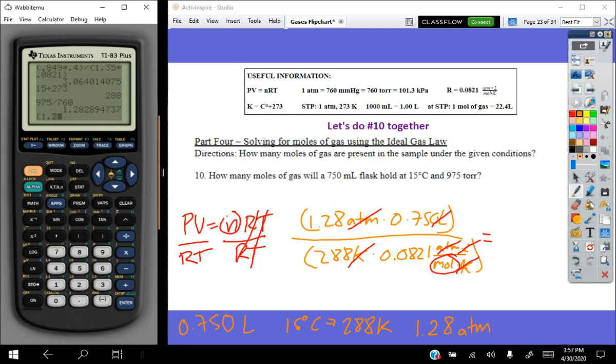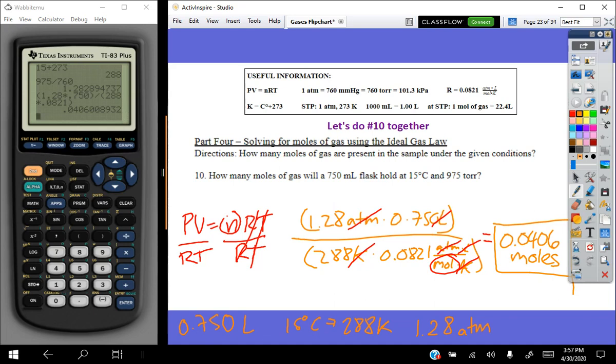Order of operations: multiply the 2 on the top in parentheses, multiply the 2 on the bottom in parentheses, and then do top divided by bottom. I get 0.0406 moles of gas.